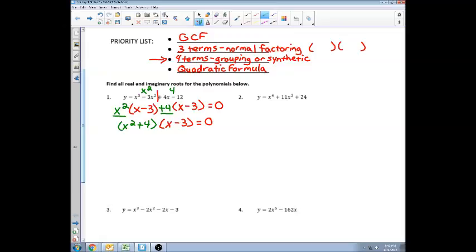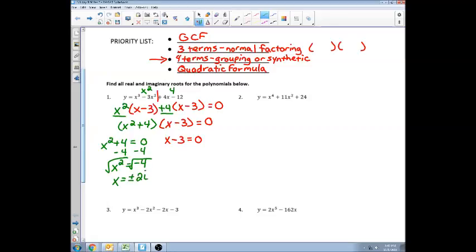We have never talked about anything to do with the sum of 2 squares, so I'm just going to set everything equal to 0. Go ahead and subtract 4 from both sides. That would leave me with x squared is equal to negative 4. Take the square root. So x equals plus or minus 2i.